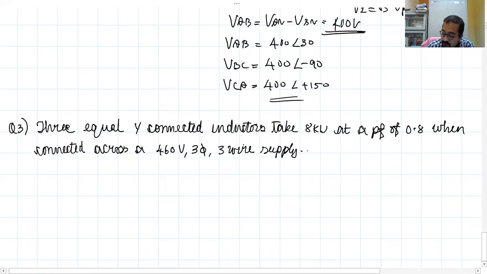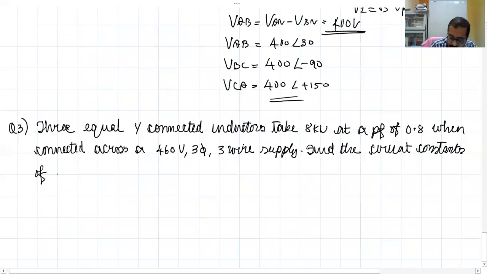Find the circuit constants of the load per phase.